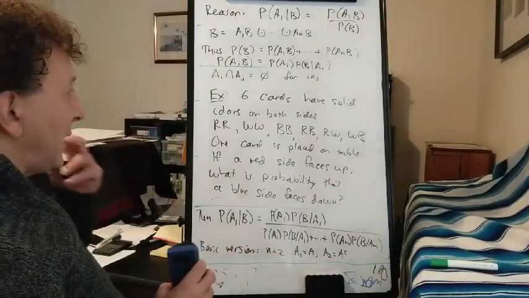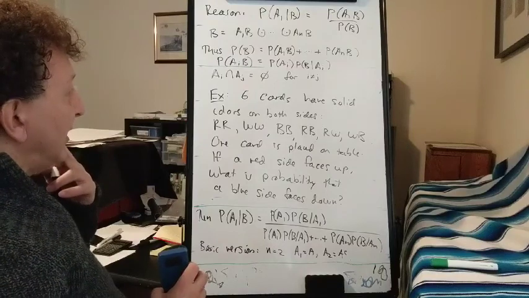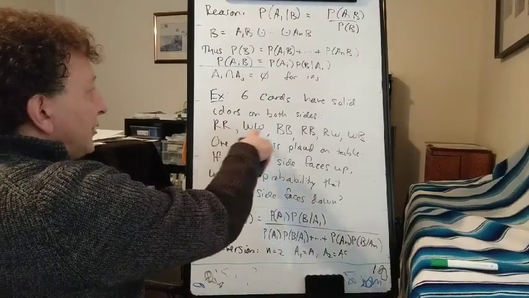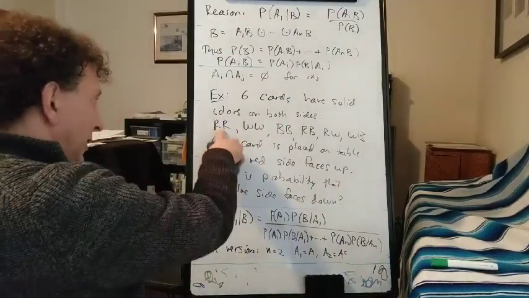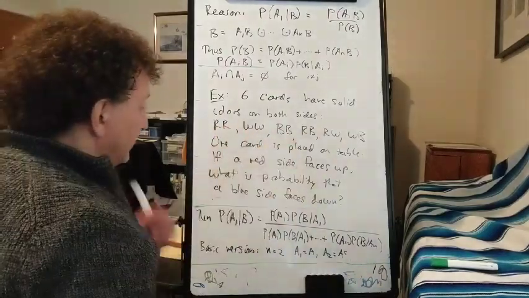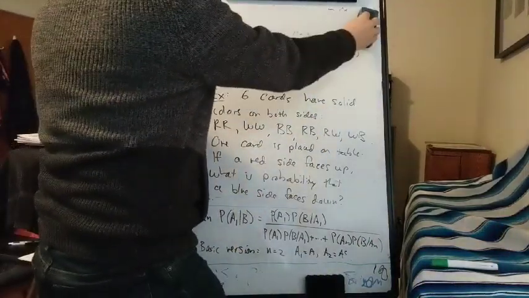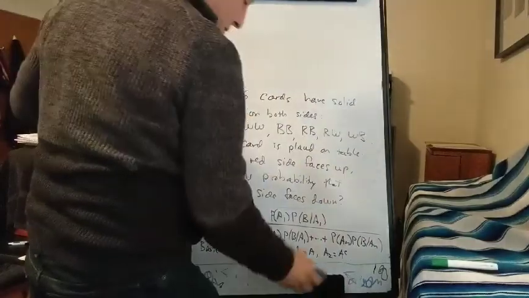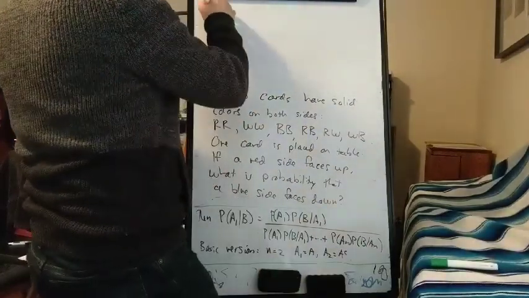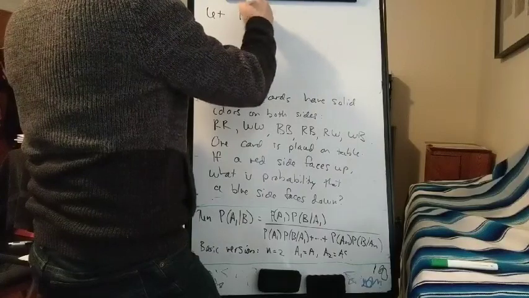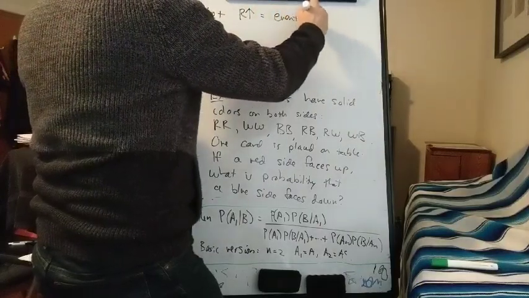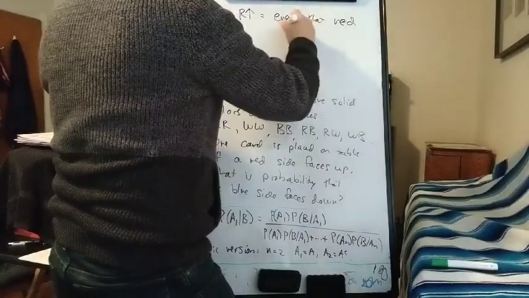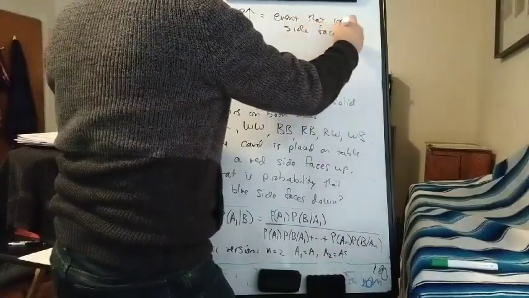Alright, so to set this up, let's come up with notation for some events that we need. So I guess this is good notation for which card is on the table. It's either going to be the red card or the white card, etc. And let's let our up arrow be the event that a red side faces up.